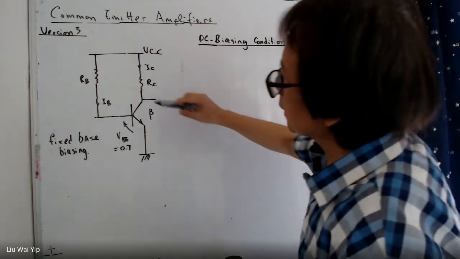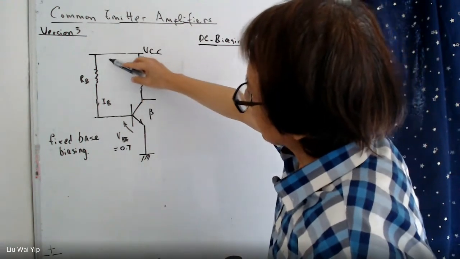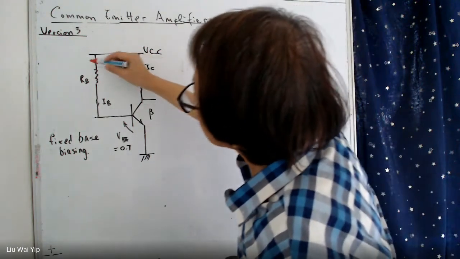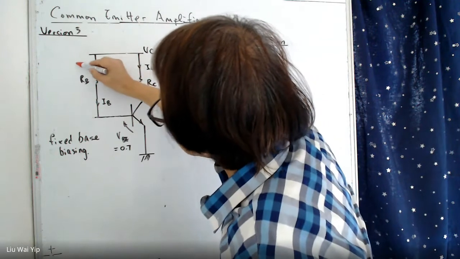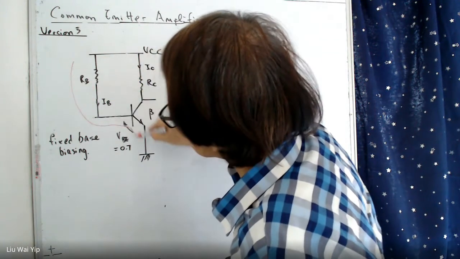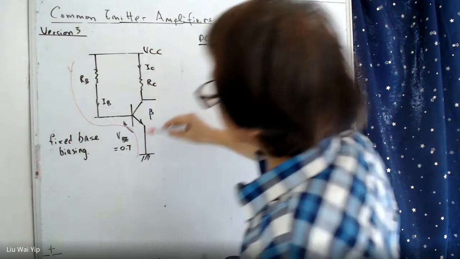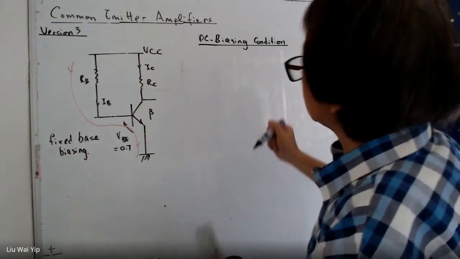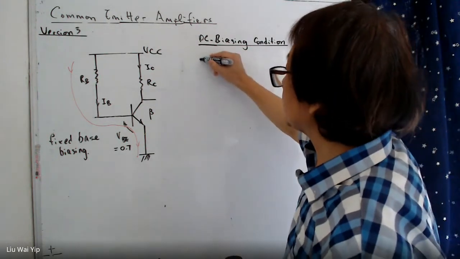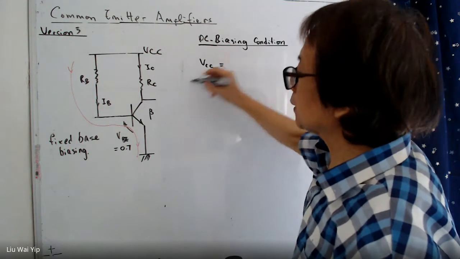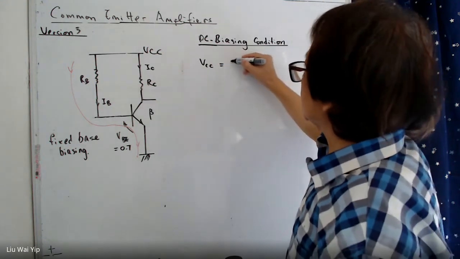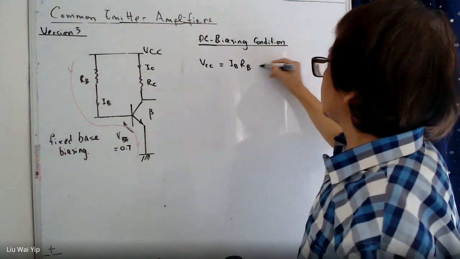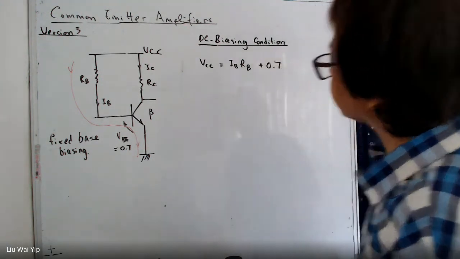So in this case, if we use Kirchhoff's voltage law to calculate this loop, we end up with the equation VCC is equal to IB RB plus 0.7 volts.